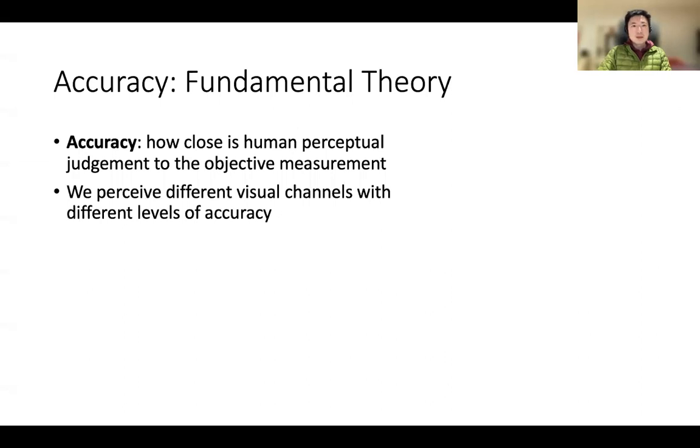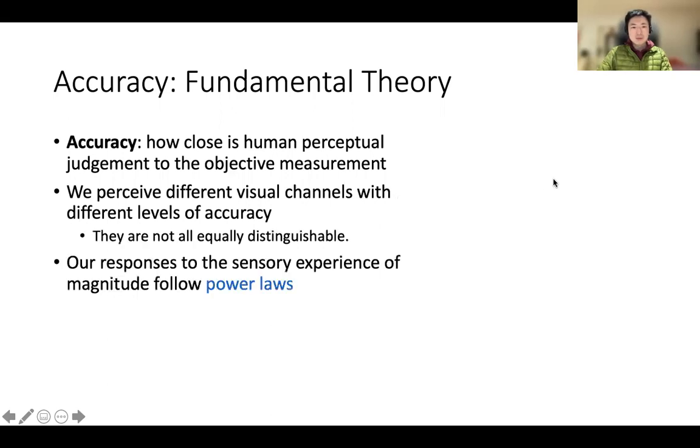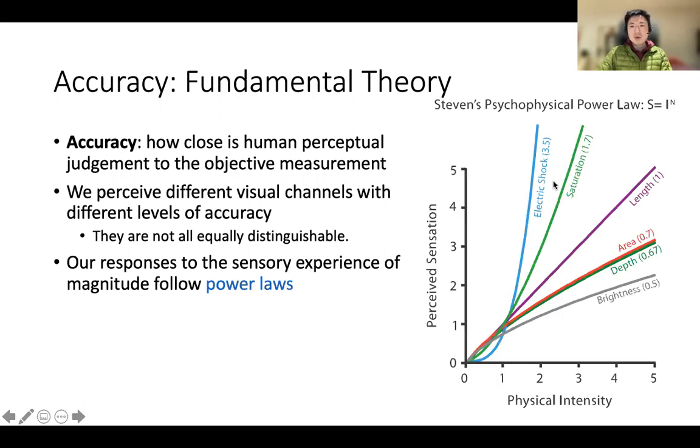Okay, and for different channels like position, length, and other things, we actually do not always perceive them the same way. This is what happens, based on experiments people did.